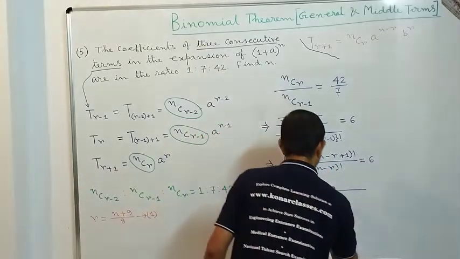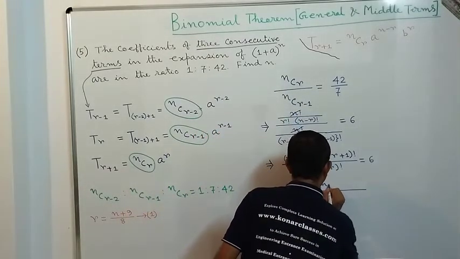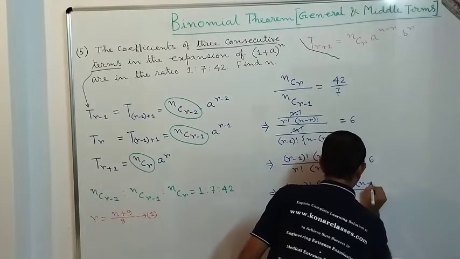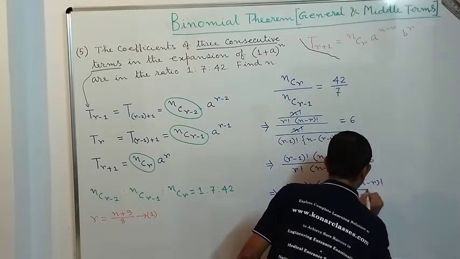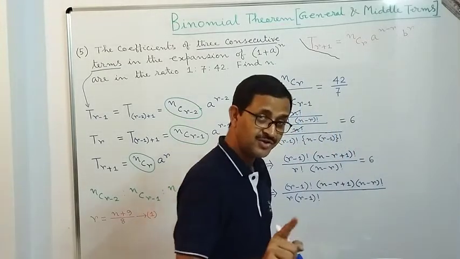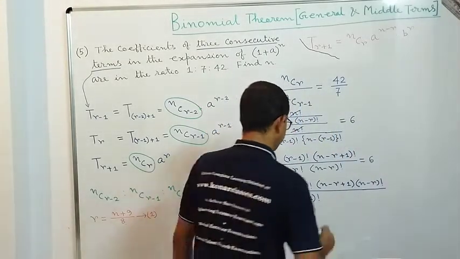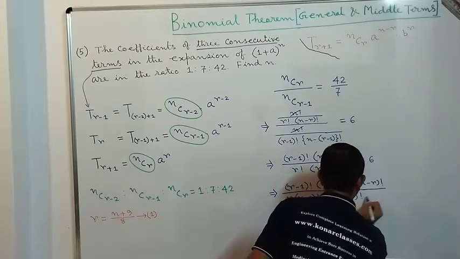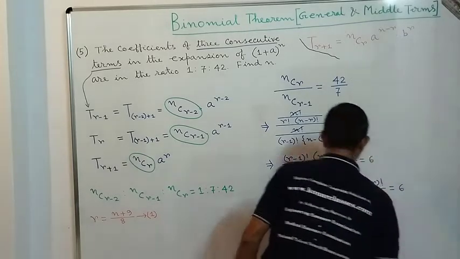So you should expand (n minus r plus 1) factorial, that is equal to (n minus r plus 1) into (n minus r) factorial. We know the fundamental, n factorial is equal to n into (n minus 1) factorial. And in the denominator we get (n minus r) factorial, that is equal to 6.